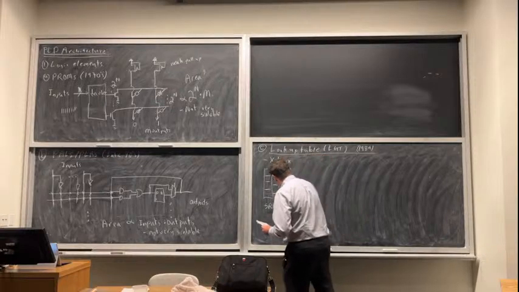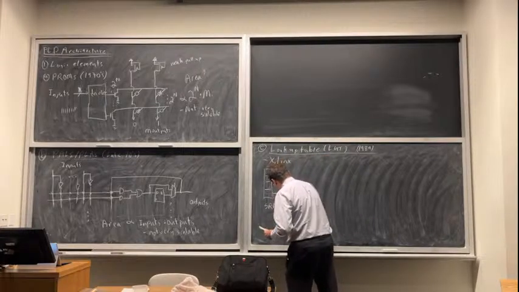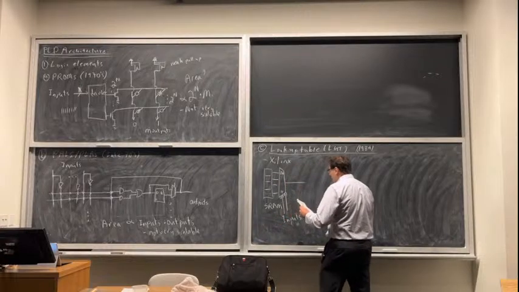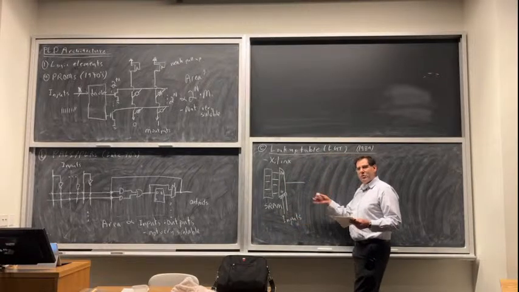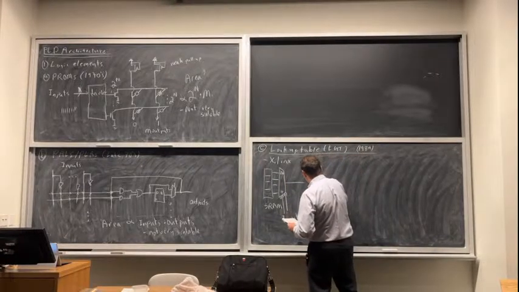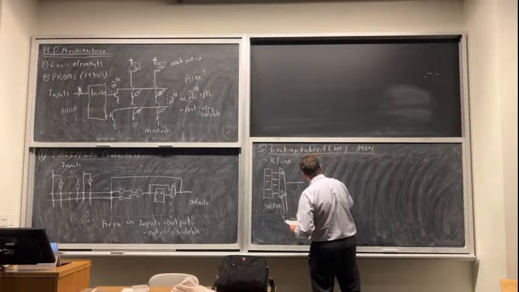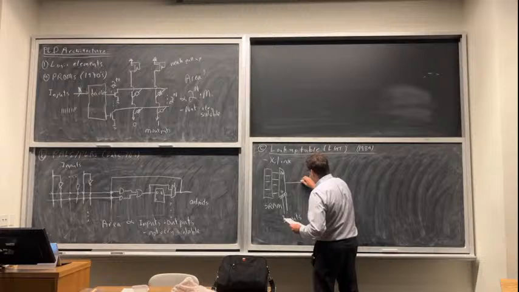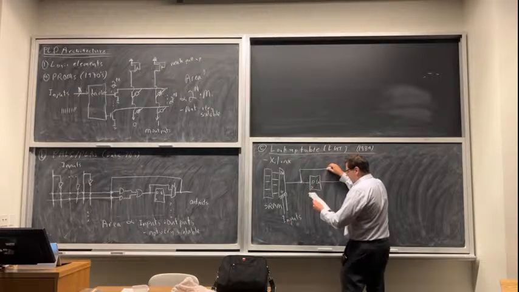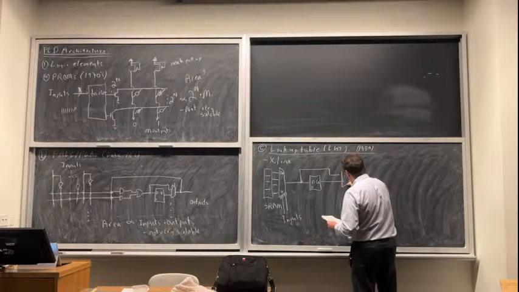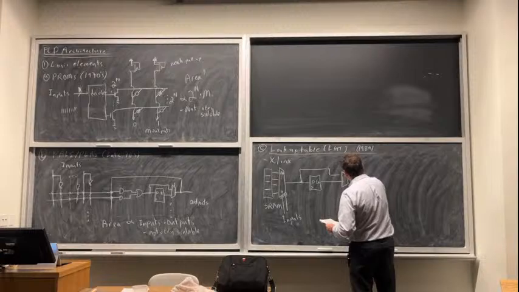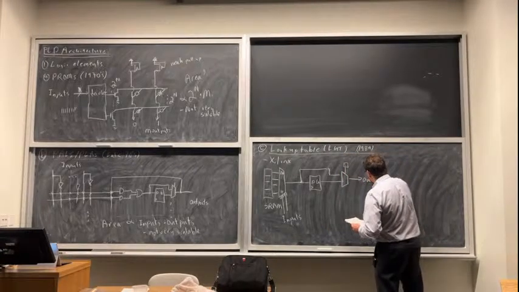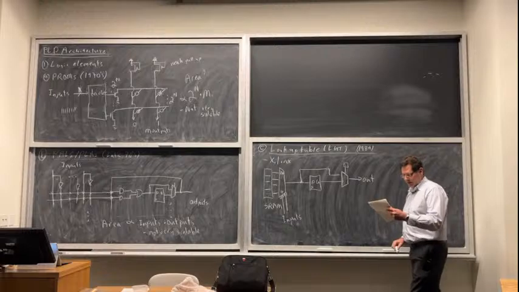I hook my inputs up here. That's not going to do, this will only do combinational logic. So if I want to do sequential logic, I have to put a flip-flop in as well. But I might not always want to go through the flip-flop, so I bypass it with a mux. I put an SRAM cell to control whether I use the register or not, and I have an output.